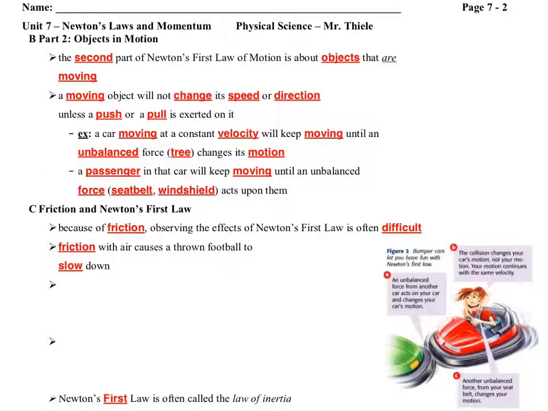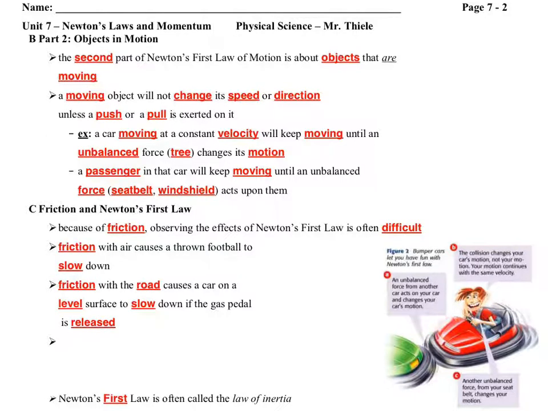What does friction with the road between a car and the road on a level surface cause the car to do if someone lets go of the gas? So you're driving a car on a flat level road and you let go of the gas. What happens to the car? There's friction with the road, and there's friction within the wheels and the engine as well. Well, the answer is this causes the car to slow down as well.